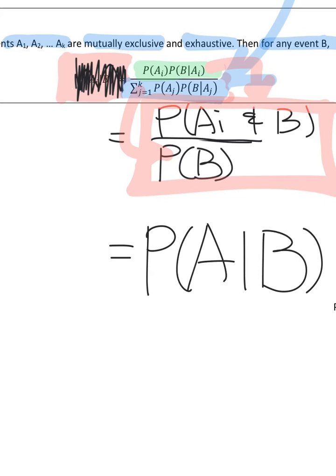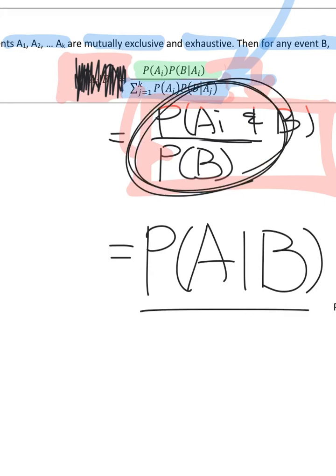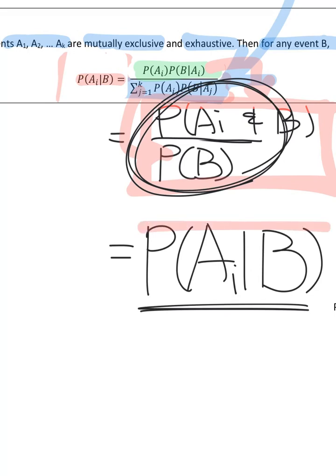Do you remember that from the definition of the conditional probability? So the ratio is the conditional probability of A given B. But it's not all A's, but one of the A's, so let me put A_i. Let me erase the left-hand side. The probability of A_i given B. Yes, we got it.